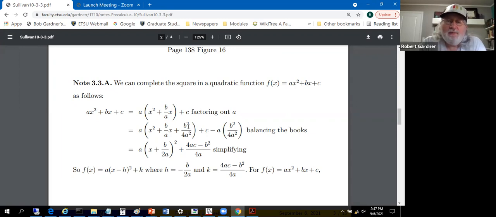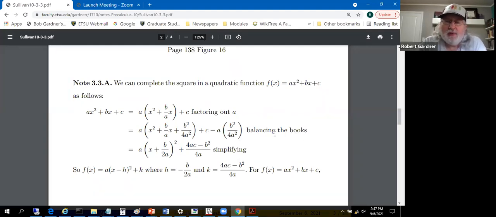So we're going to add b squared over 4a squared because we're completing the square inside here. Since it's also multiplied by a, we've actually added a times b squared over 4a squared because we've done it inside the parentheses. So let's subtract a times b squared over 4a squared.